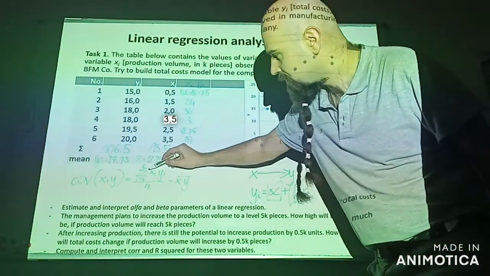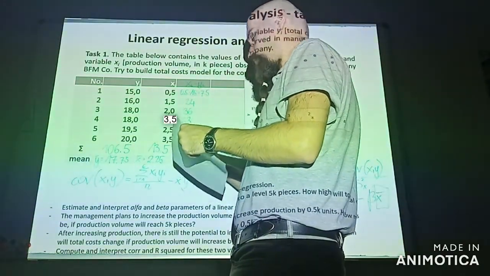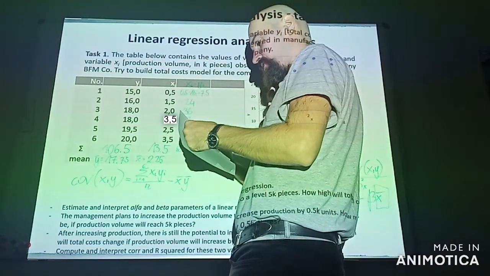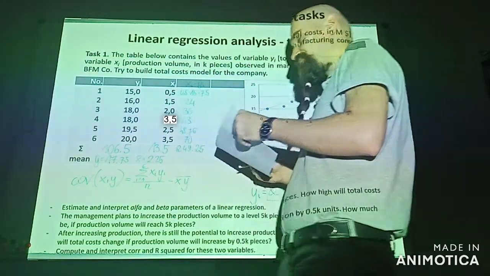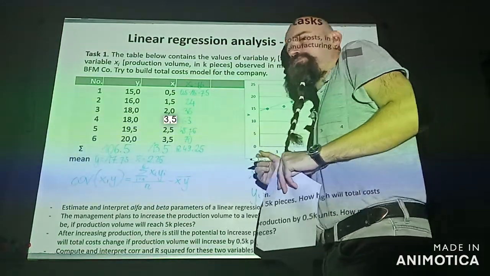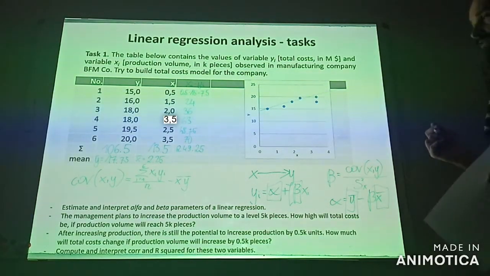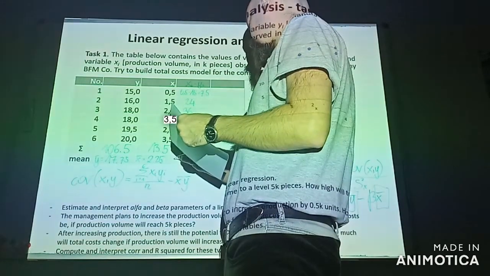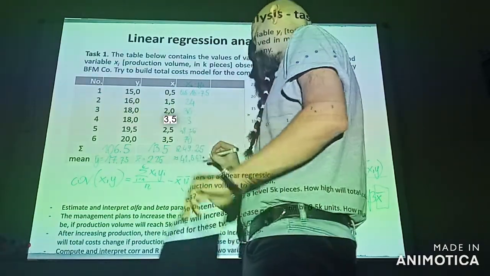We can sum up all the products, and the sum of this column is equal to 249.25. Okay, and the mean product of the values of x and the values of y, the mean product of the values of total costs and the production volumes is around 41.542.